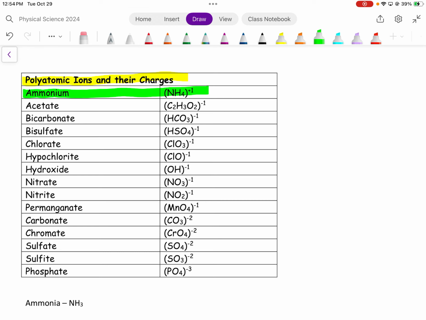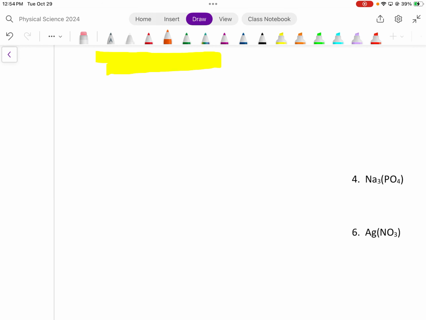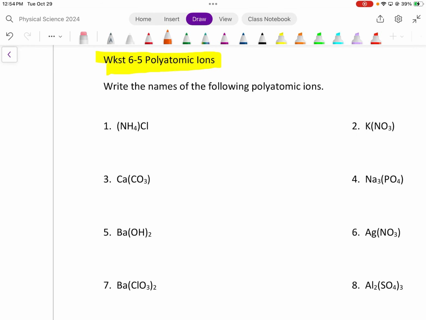Ammonium. And what I'll do is I'll take the name from this table, and I won't change the spelling. Take it exactly as you see it. So ammonium, I'll take that word and I'll go over here. Ammonium.